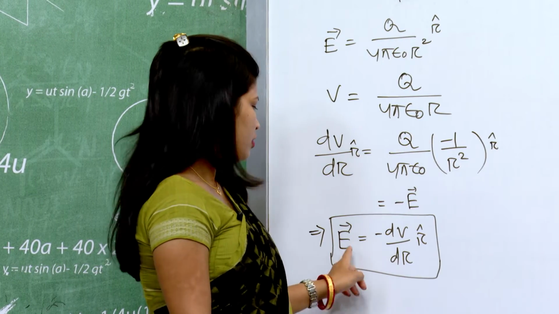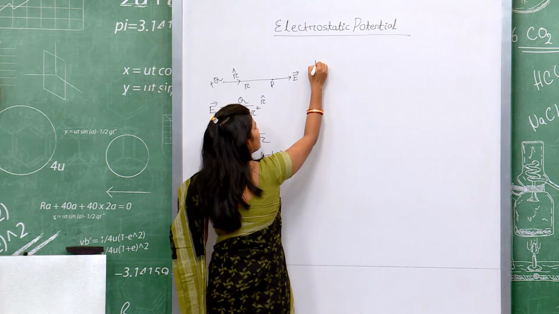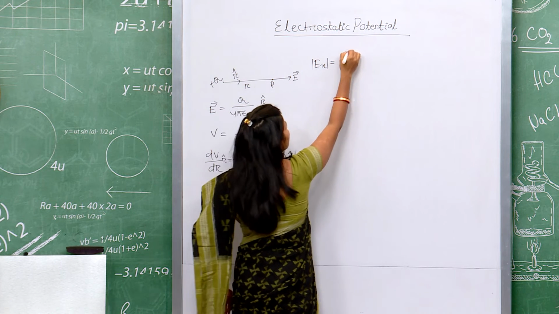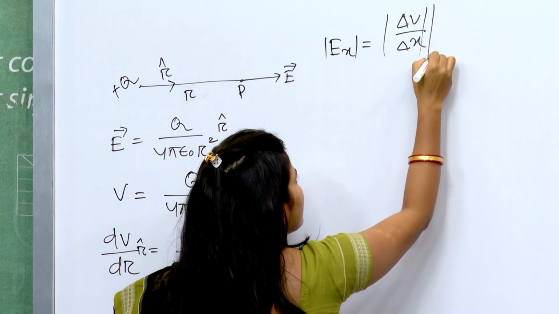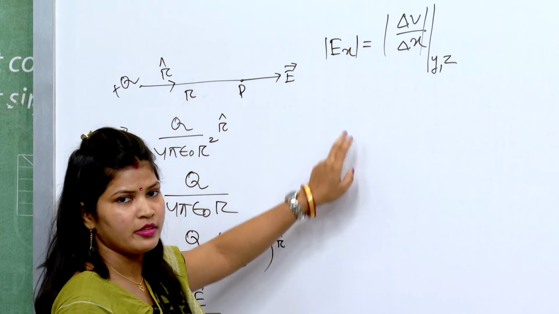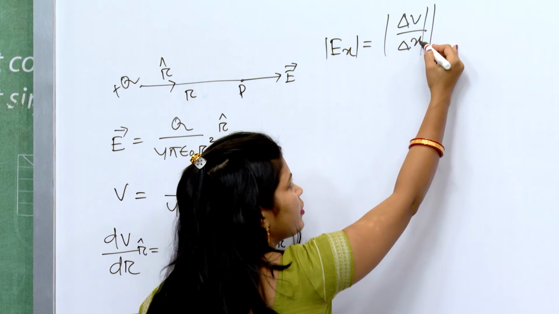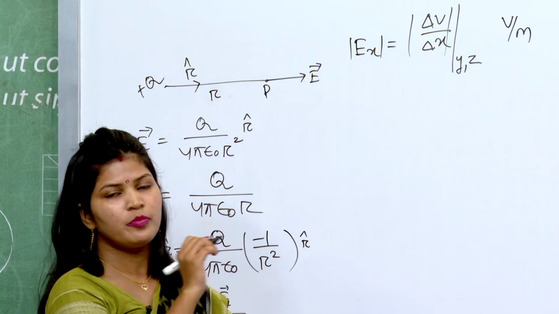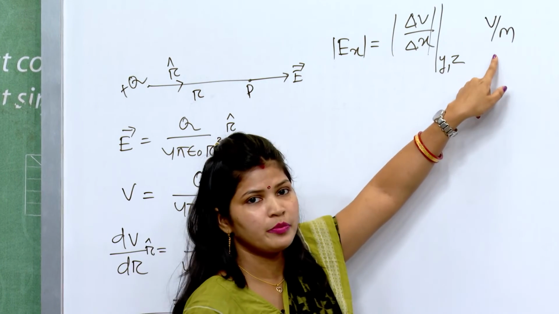Taking the magnitude of electric field in x direction, E x is equal to minus del V by del x when y and z are constant, like this in y and z direction. So, the unit of electric field is volt per meter. Earlier it was Newton per coulomb, but now the unit of electric field is volt per meter.